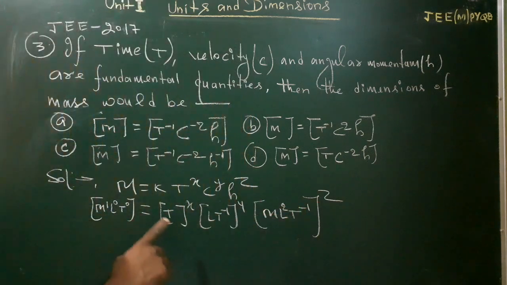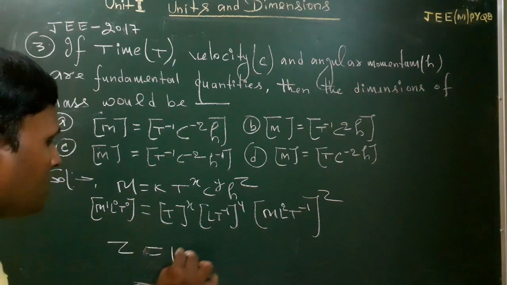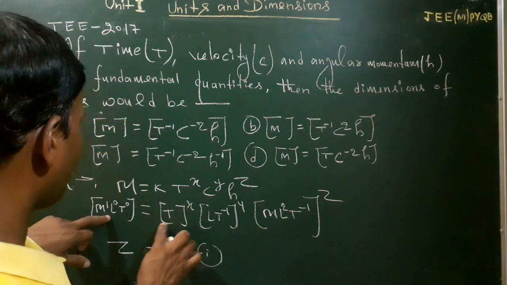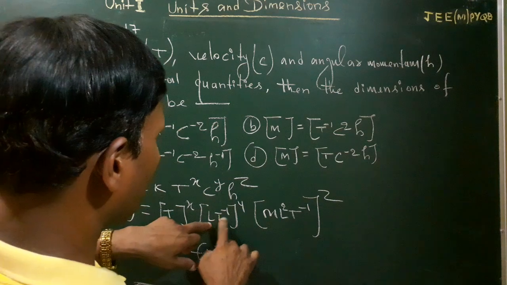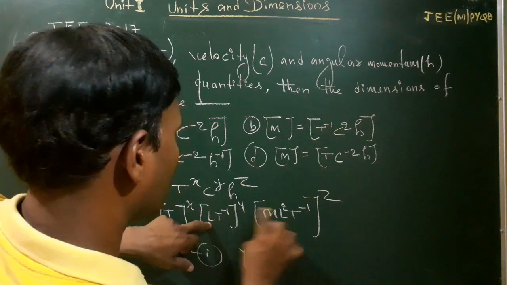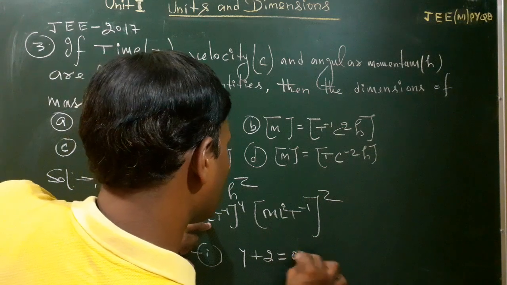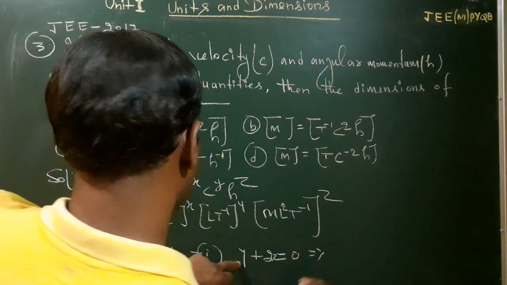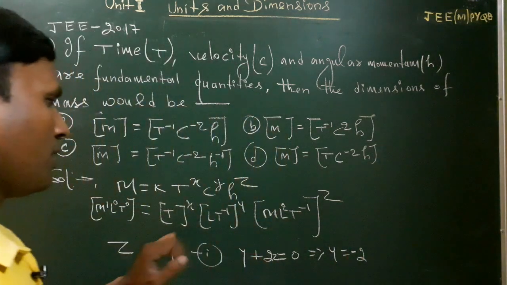Equate the dimensions on both sides. So Z is equal to 1. This is equation number one. For L0, the power of L is Y plus 2Z, which is equal to 0, so we can find Y is equal to minus 2, putting the value of Z.